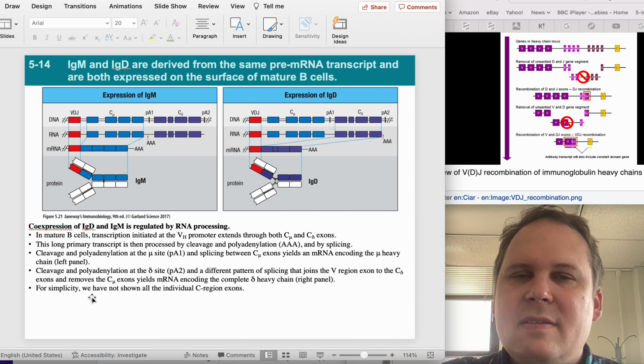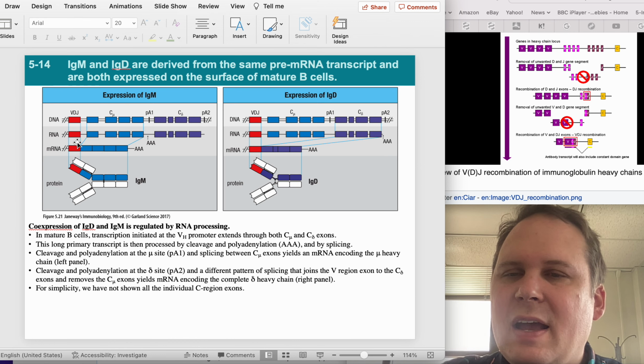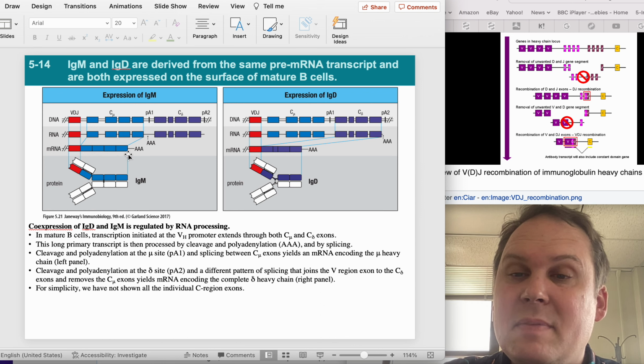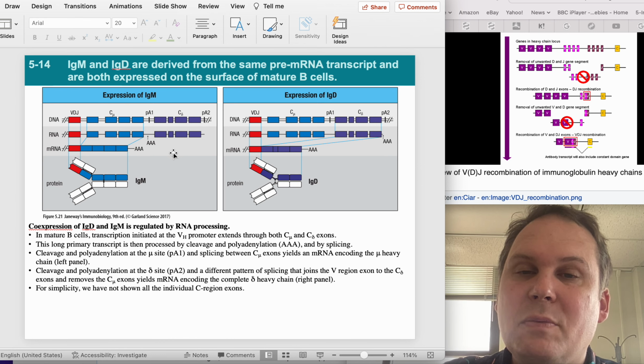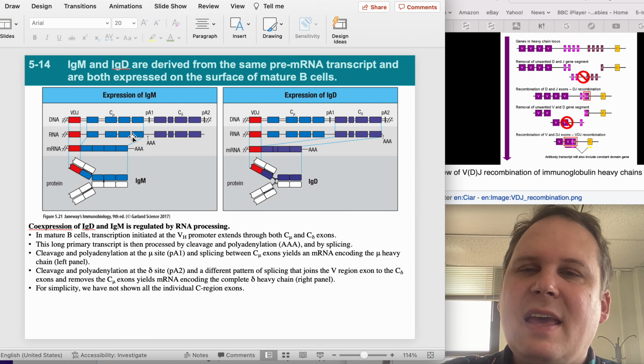So how does this whole thing work? You have your IgM, and you're going to start out with an antibody that has the nice little IgM on it. And that same transcript can actually be processed in different ways. So you make IgM and D kind of together.